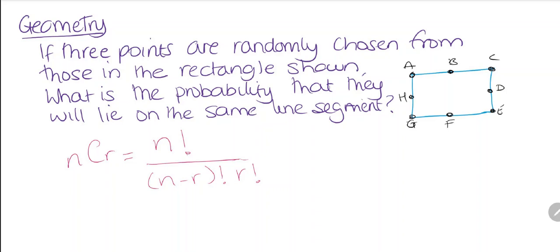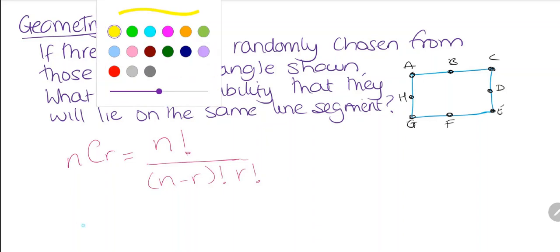So let's have a look at the question. It says 3 points are randomly chosen. So the number at a time is going to be 3.